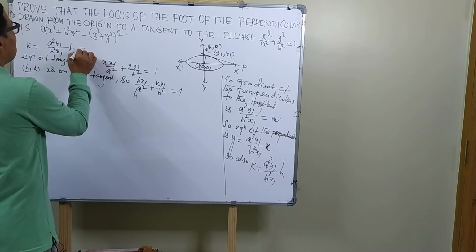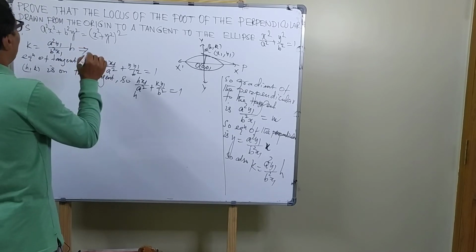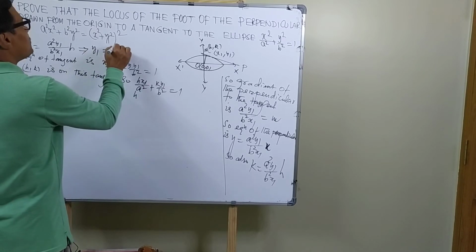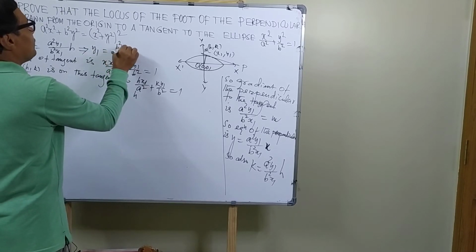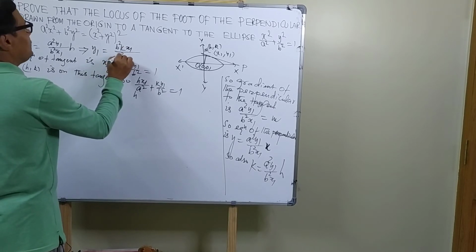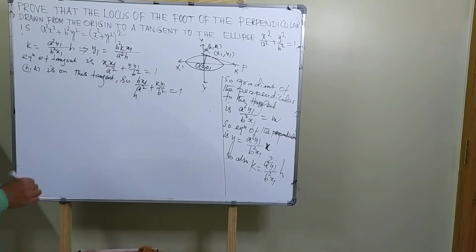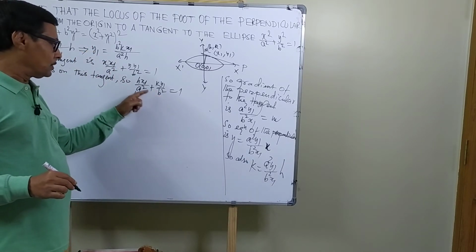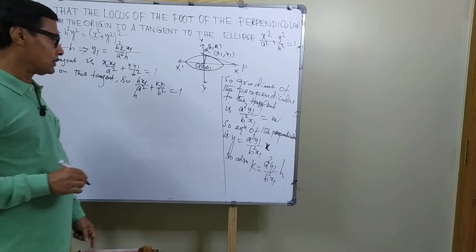Also here we get y1 equal to b square k x1 over a square h. We can put the value of y1 in this relation to find out the value of x1.